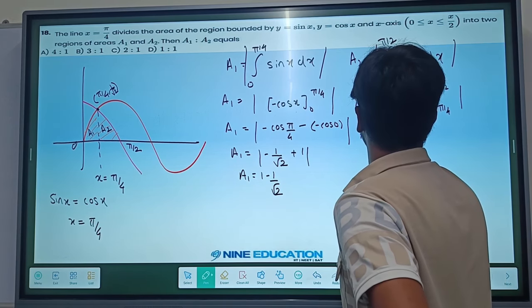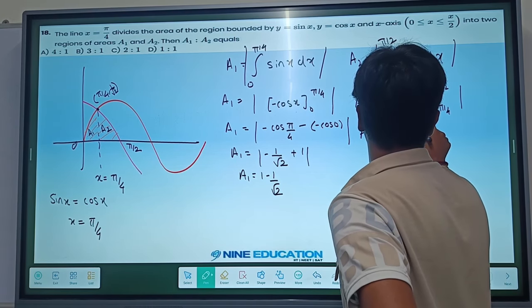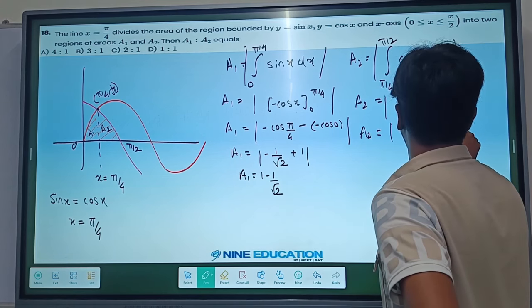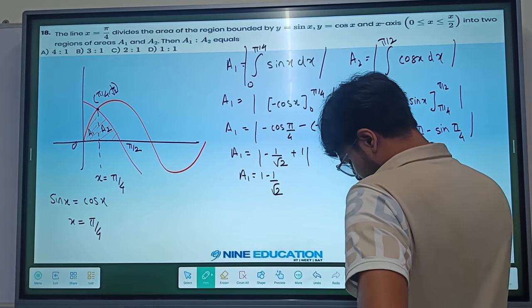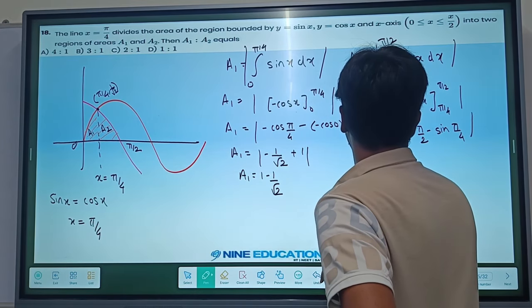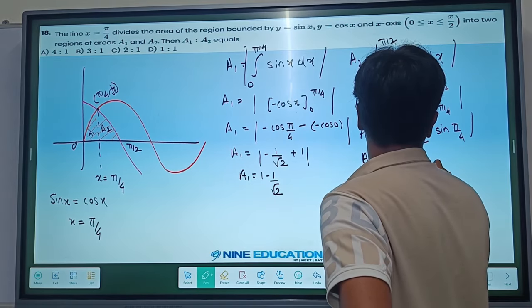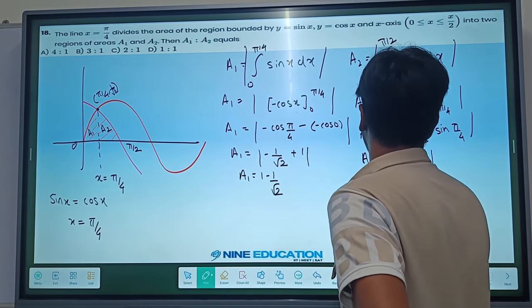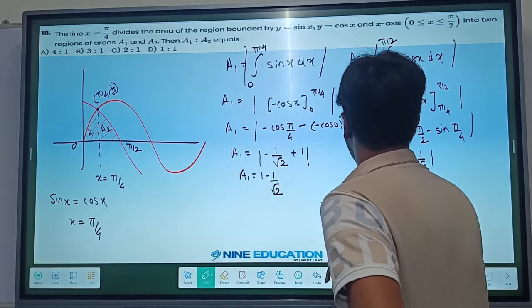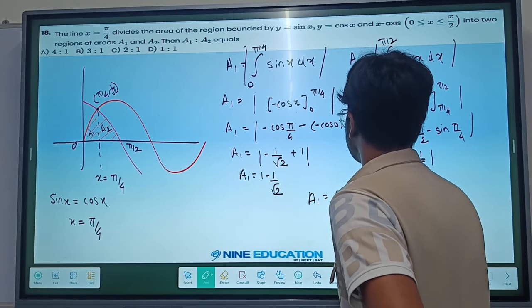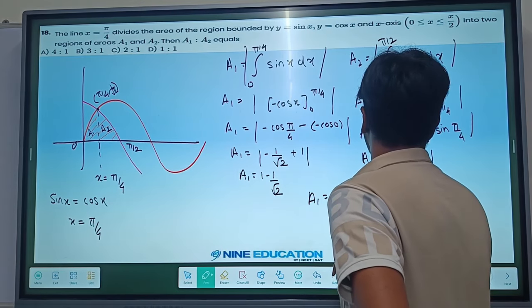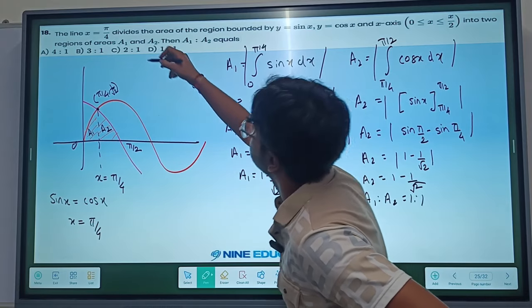So A2 would be equal to mod of sin pi by 2 minus sin pi by 4, which is mod of 1 minus 1 by root 2. So A2 would be 1 minus 1 by root 2. I can clearly see A1 equals A2, so A1 to A2 would be 1 is to 1. Option D.